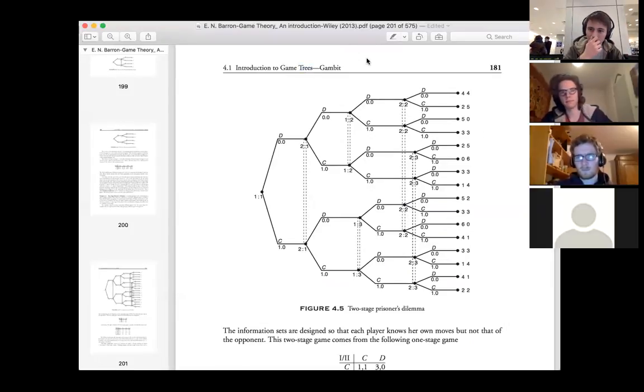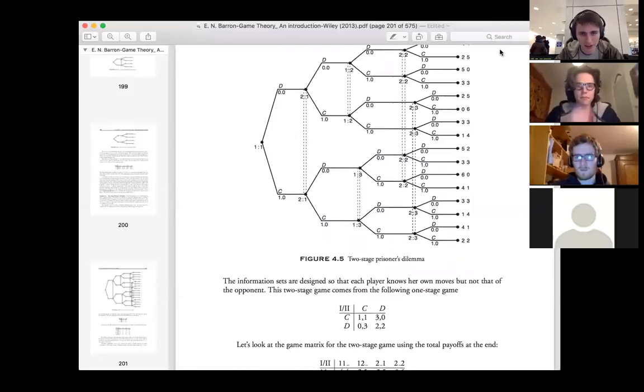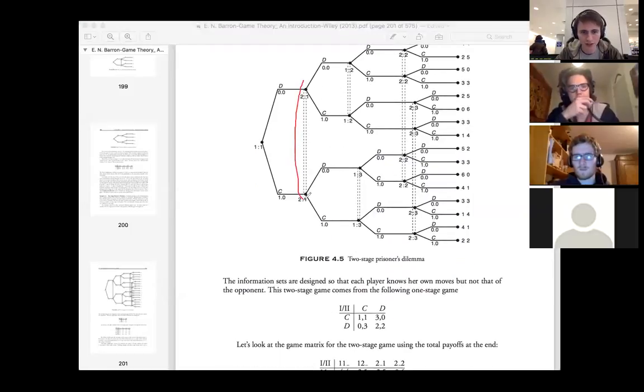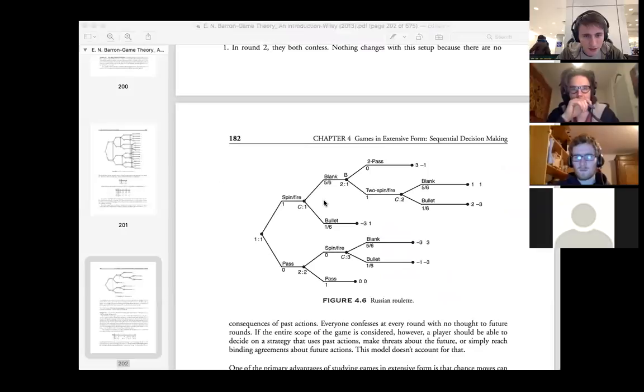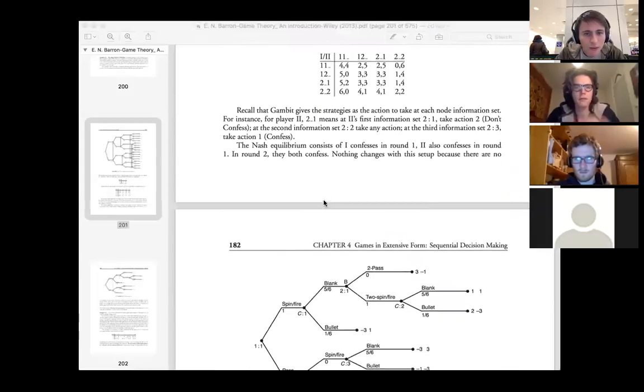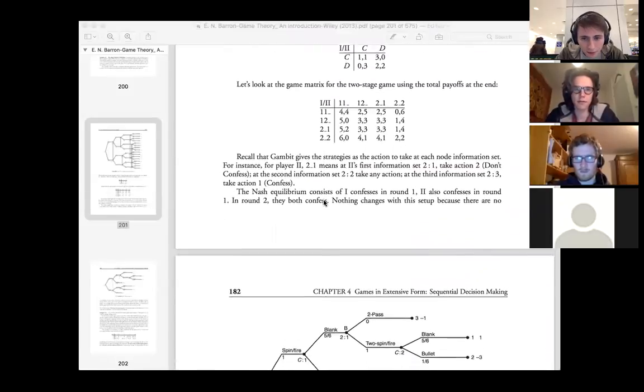And so this is a prisoner's dilemma where they don't know, it's simultaneous, and you know it's simultaneous because of these information sets. I didn't really go into that.